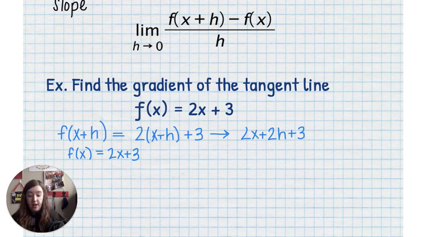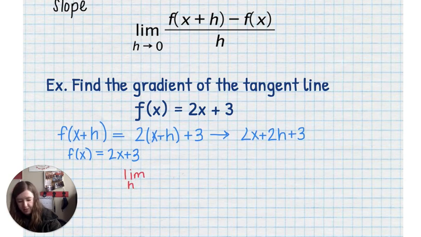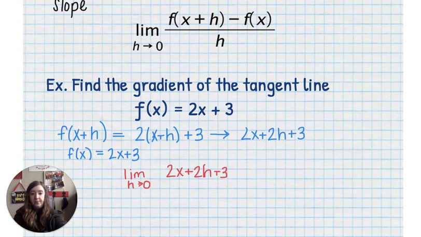So now we're going to go ahead and use that formula. So we should have the limit as h approaches 0 of, and then f of x plus h goes in first. So that was my 2x plus 2h plus 3.